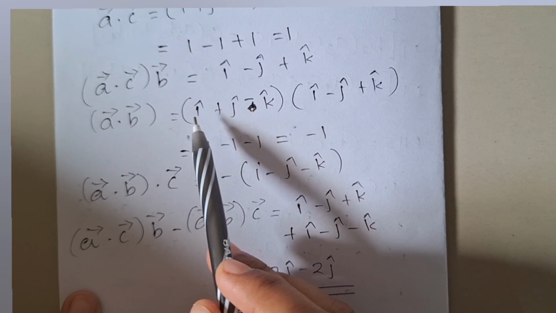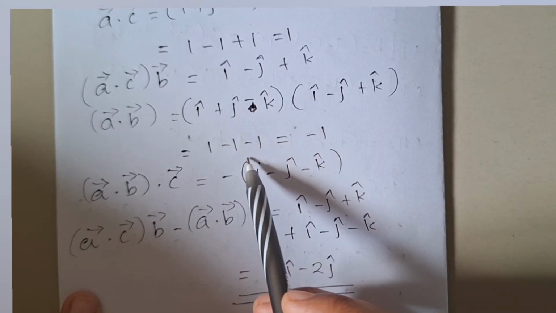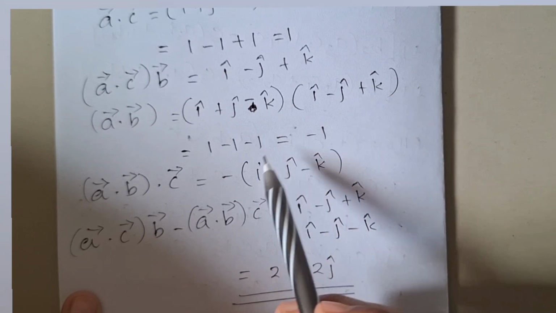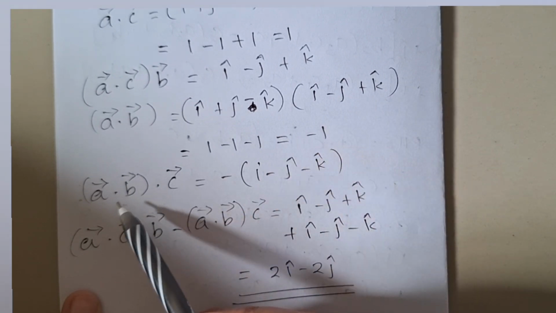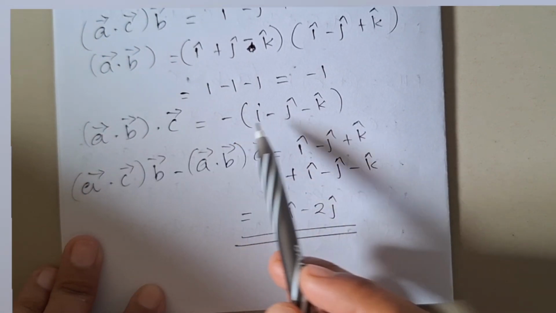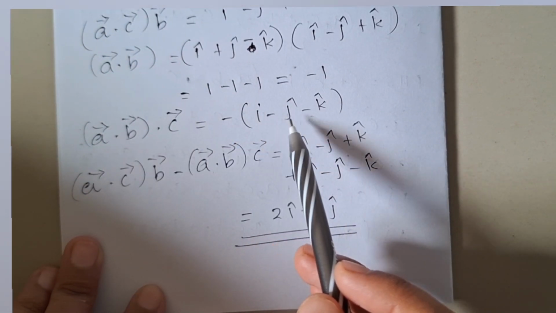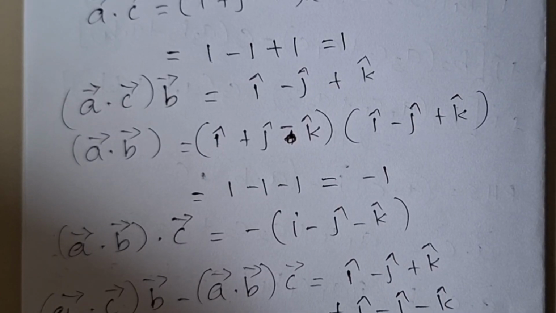That's equal to i into i equals 1, j into minus j equals minus 1, minus k into k equals minus 1. That's equal to minus 1. So A dot b into c equals minus of i minus j minus k. So we get A dot b into c and A dot c into b.